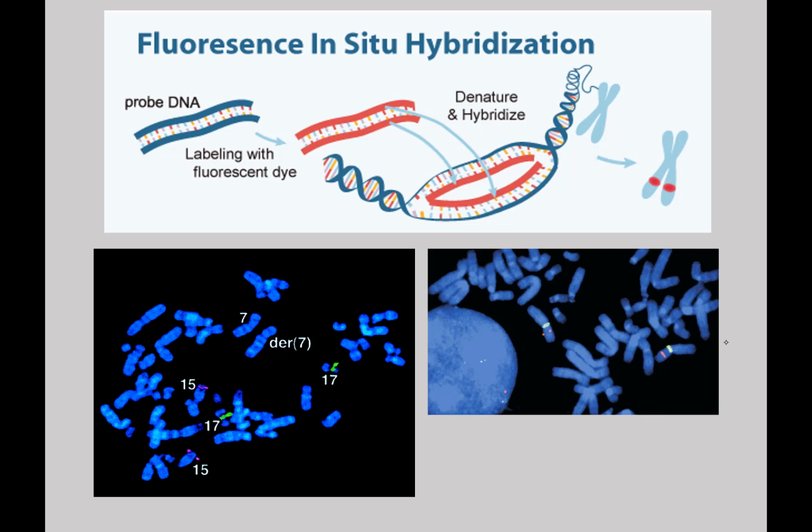Fluorescence in situ hybridization, also known as FISH. This is very different. Here we are looking at nucleic acid. So let's explain this. We've been talking a lot about using antibodies to detect different proteins.